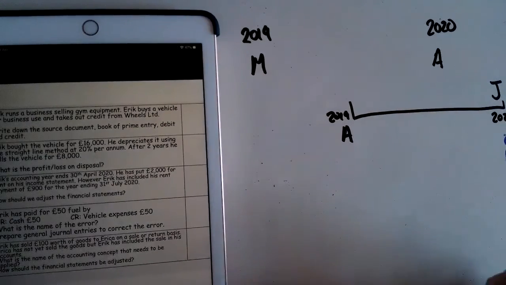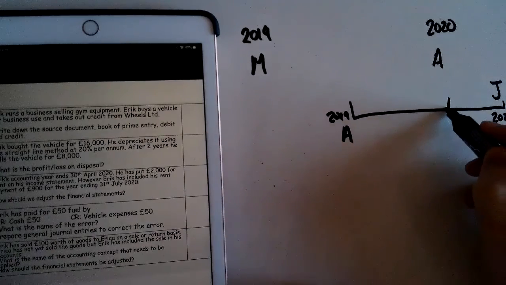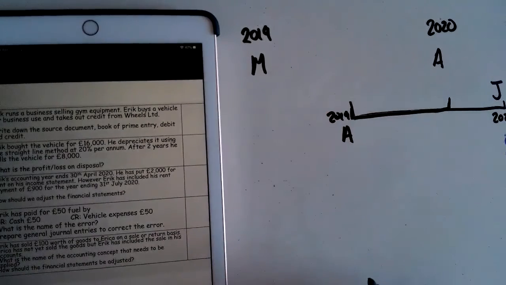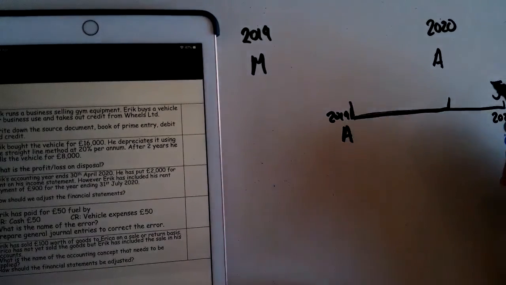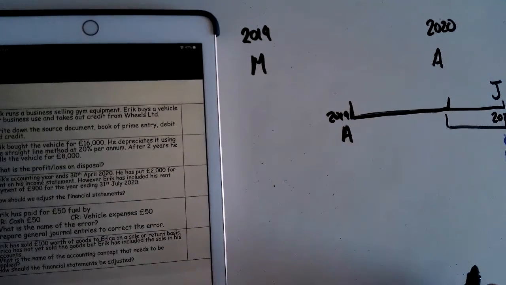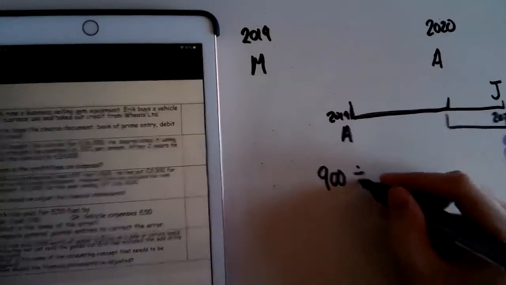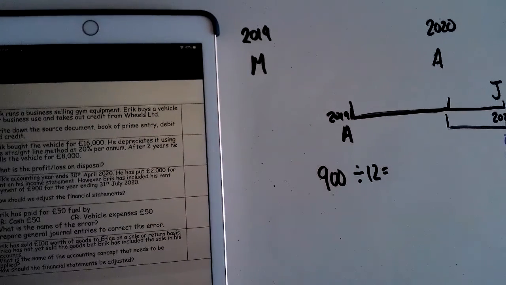So hopefully you'll agree that some of this up to here should be included, but some of this after here is prepayment. So the prepayment bit is the bit we don't want. So what we're going to do is 900 divided by 12 to work out how much it is per month.